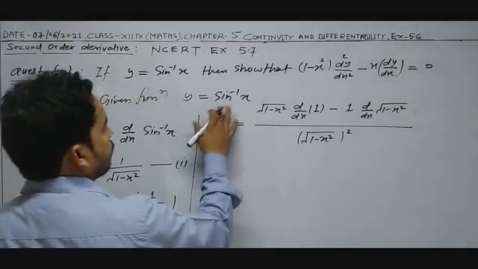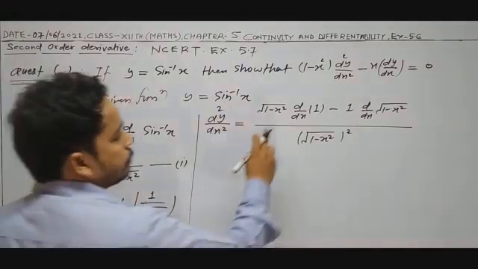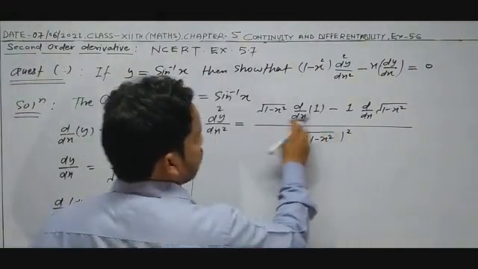So this I have done by using the quotient rule, and when you differentiate a constant term, the result will be 0.